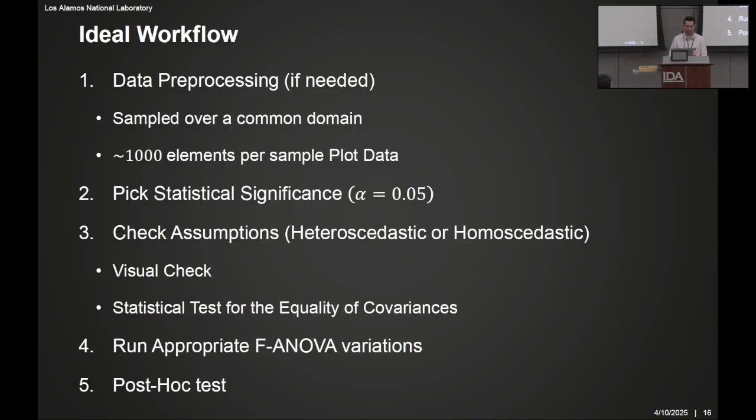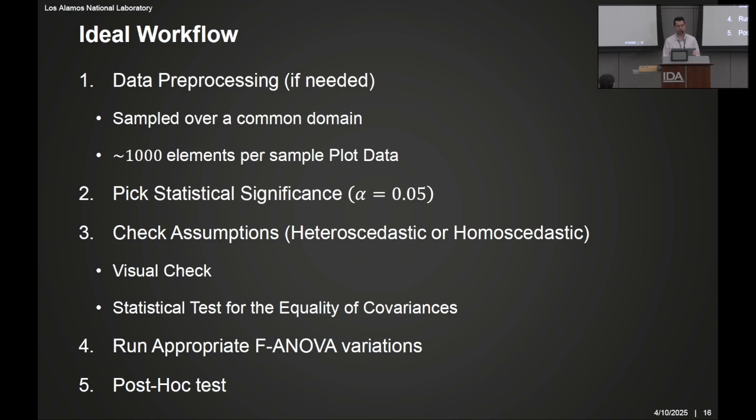So here's the ideal workflow. For data preprocessing, if you need to, it has to be sampled over a common domain. Ideally, you have roughly 1,000 elements per sample. You can plot the data to visualize this. Pick some statistical significance. Here I've chosen alpha as 0.05, so very traditional. Check the assumptions. Is the data heteroscedastic? Is it homoscedastic?